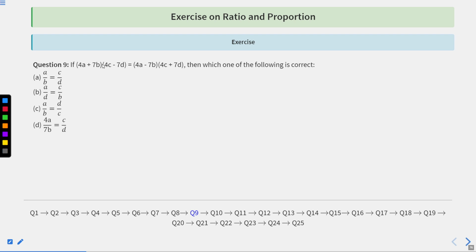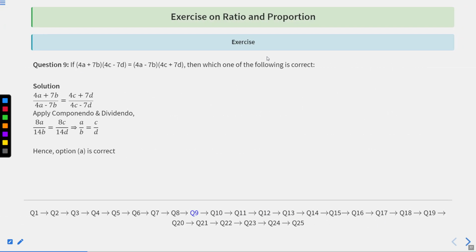If 4a plus 7b times of 4c minus 7d equal to 4a minus 7b times of 4c plus 7d, then which one of the following is correct? So 4a plus 7b upon 4a minus 7b is equal to 4c plus 7d upon 4c minus 7d. That is given to us.